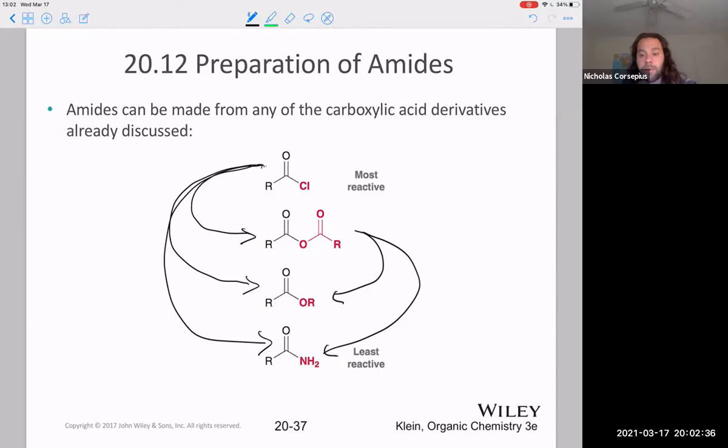Because really what we mean by reactivity is free energy favorability. If you're on the more reactive end, that means in terms of your free energy diagram, you are sitting at a higher point than something that's less reactive. And this is, of course, a free energy diagram that illustrates a reaction that favors the formation of products.